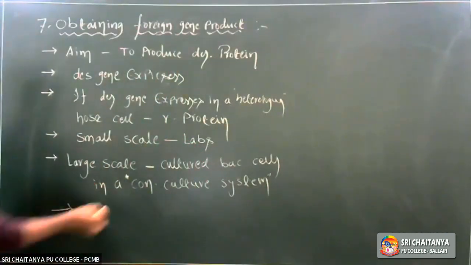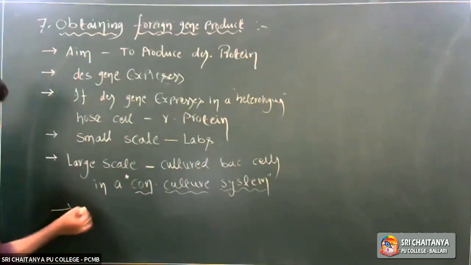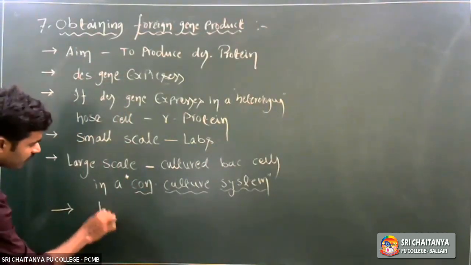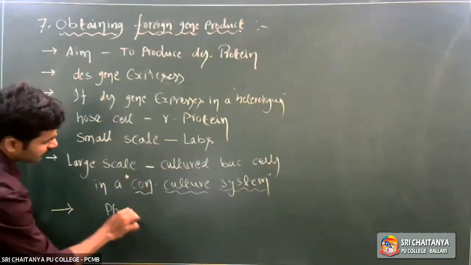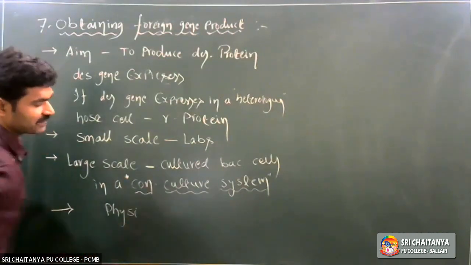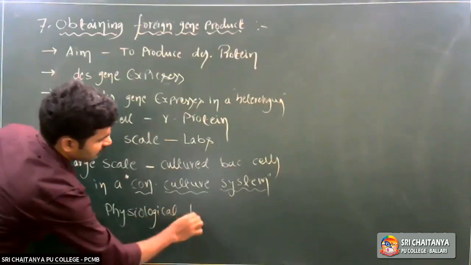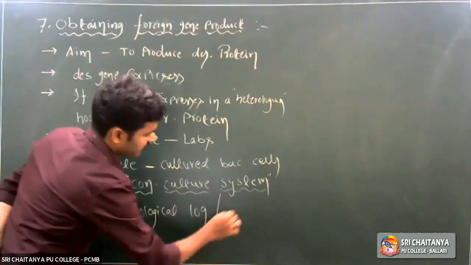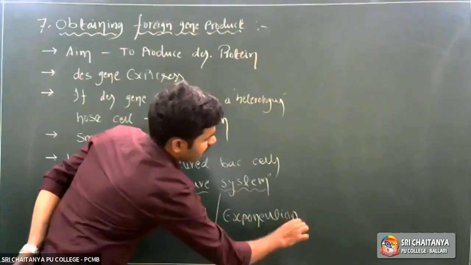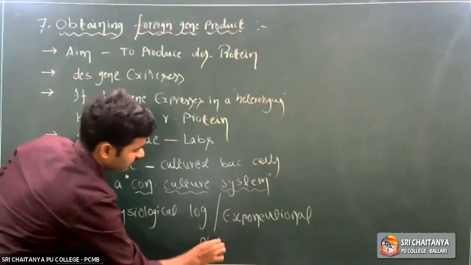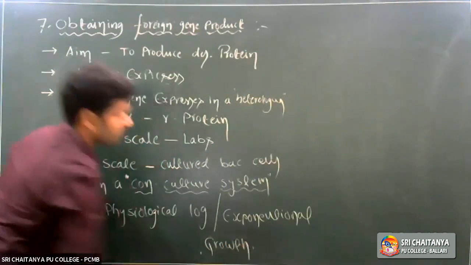So the continuous culture system maintains the cells physiologically in the log or exponential growth phase.